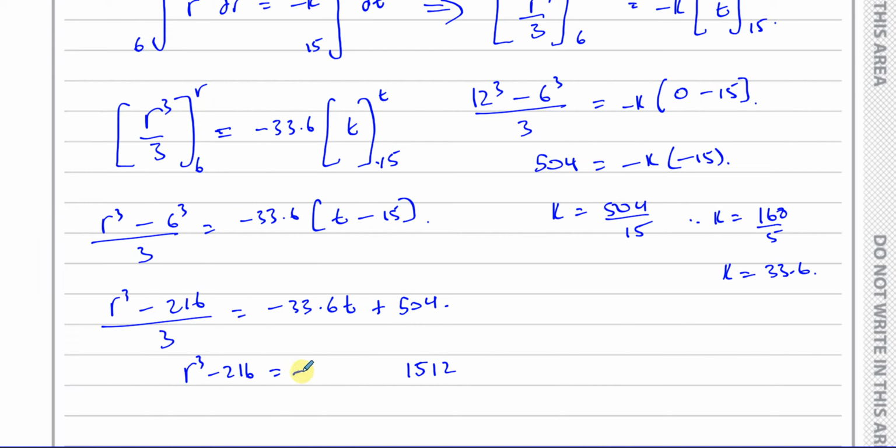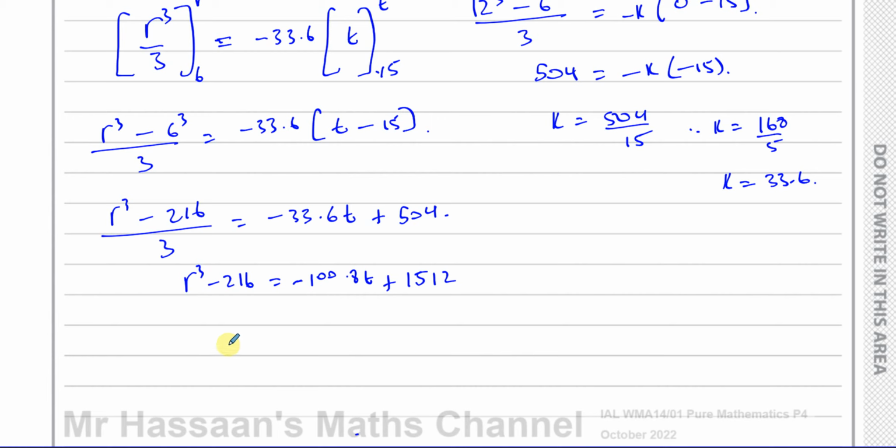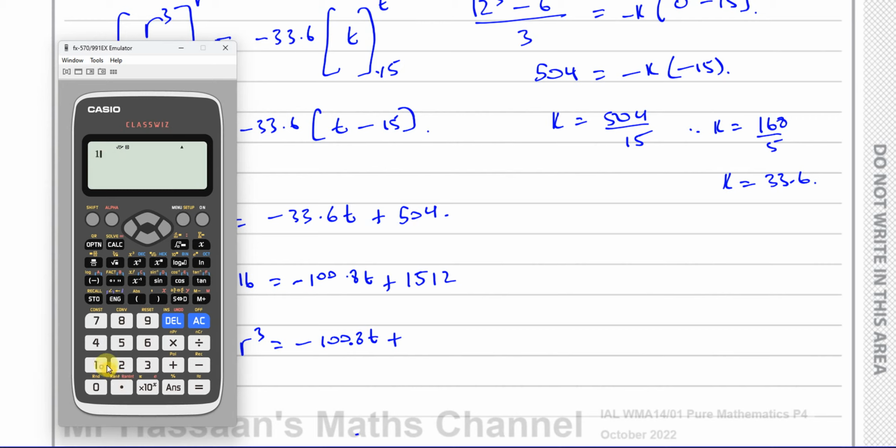So this minus 100.8 T plus 1,512, and now I've got to add 216 to both sides. So R cubed equals minus 100.8 T, and that's plus 1,512. I'm going to add to that 216.